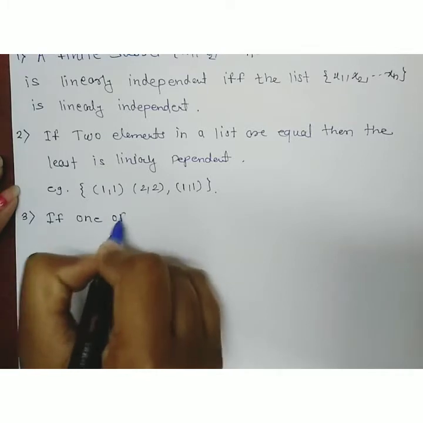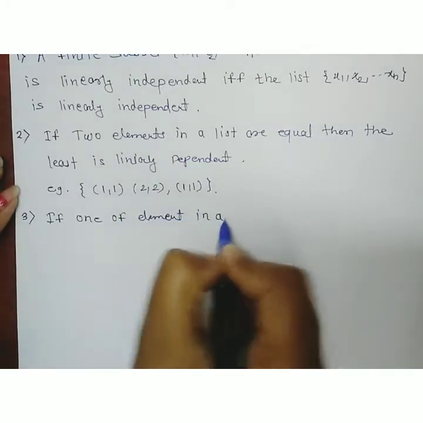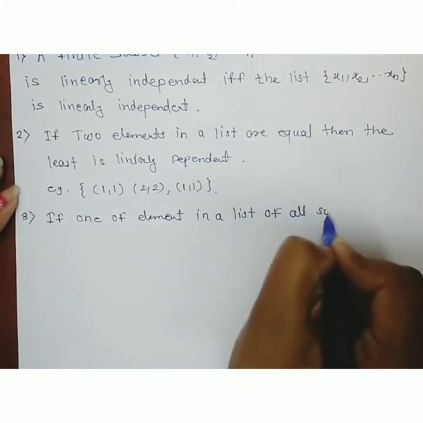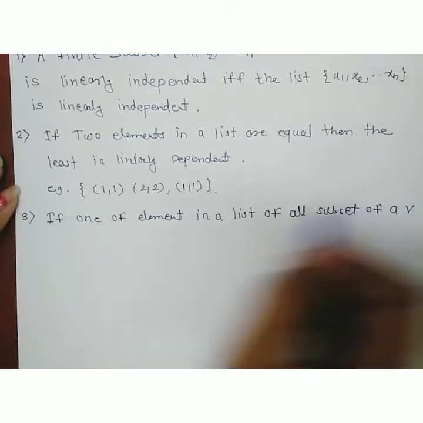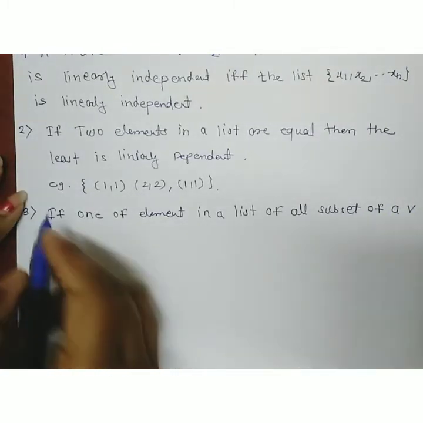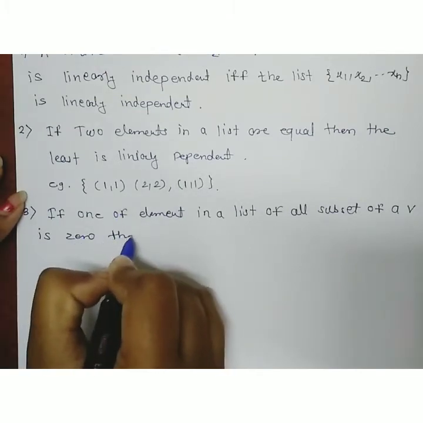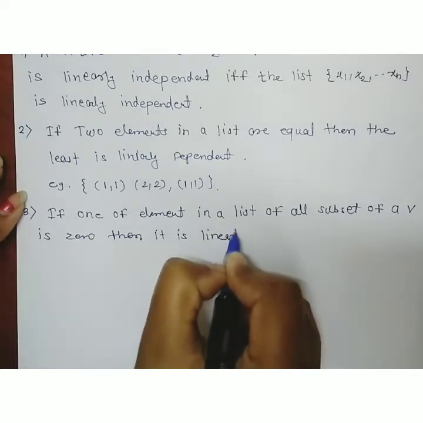So the third note is: if one of the elements in a list or subset of a vector space V is 0, then it is linearly dependent.